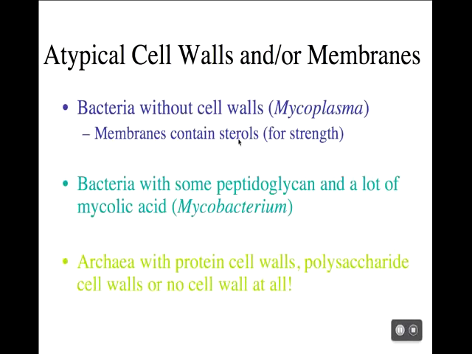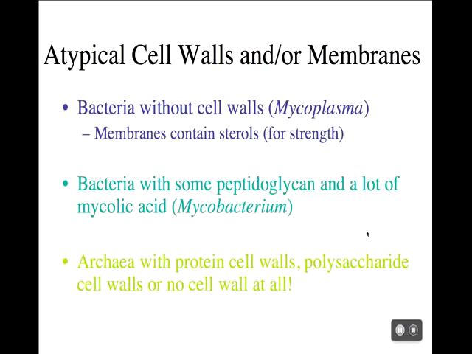The other odd genus of bacteria here is called Mycobacterium. Mycobacterium have peptidoglycan. In fact, they have a good amount of peptidoglycan. But in addition to that peptidoglycan, they have what we call mycolic acids. Mycolic acids are thick and waxy, and they're going to make this a different cell wall structure than what we see for other organisms.